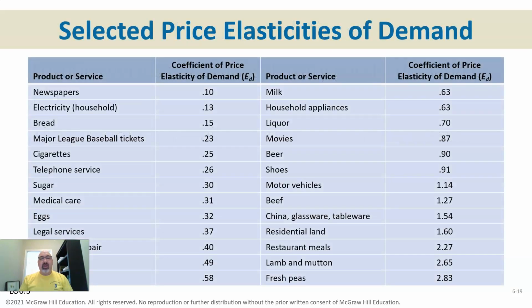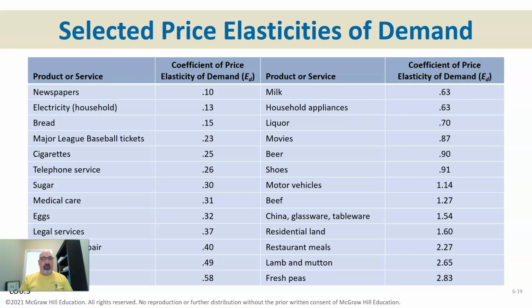So, selected price elasticities of demand. This one is by the McGraw-Hill people. I dispute a number of these because I just don't see them being realistic. The first one on the left, newspapers, they have as highly inelastic at 0.1. I just don't know that people buy that many newspapers. They have those as highly inelastic and highly necessary.